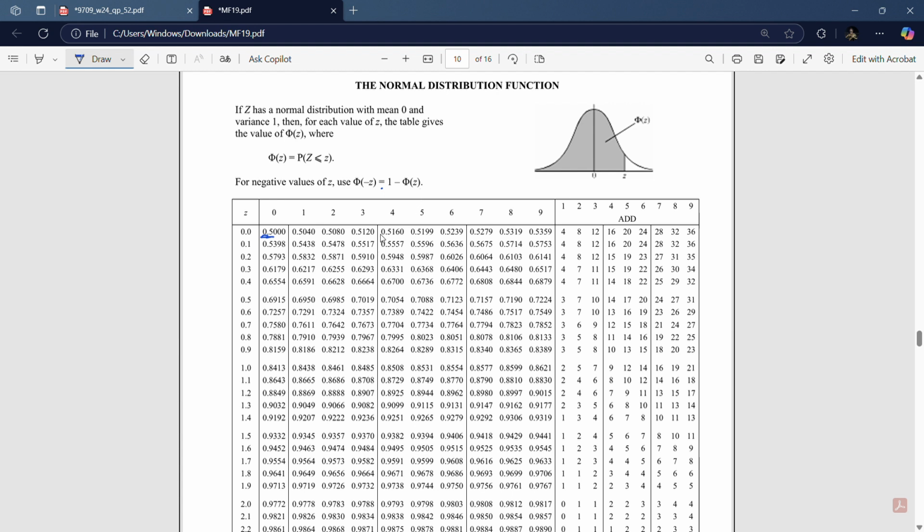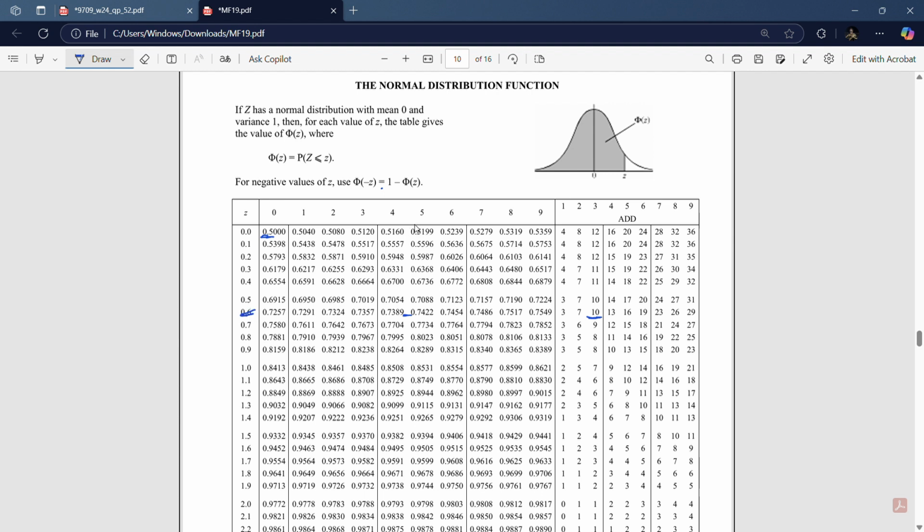So 1 minus 0.26 is 0.74. So the negative 0.74 will give us a value of 0.26. So it should be somewhere between these two. The closest number is 10. If we add 10, it will be closer to 0.74.